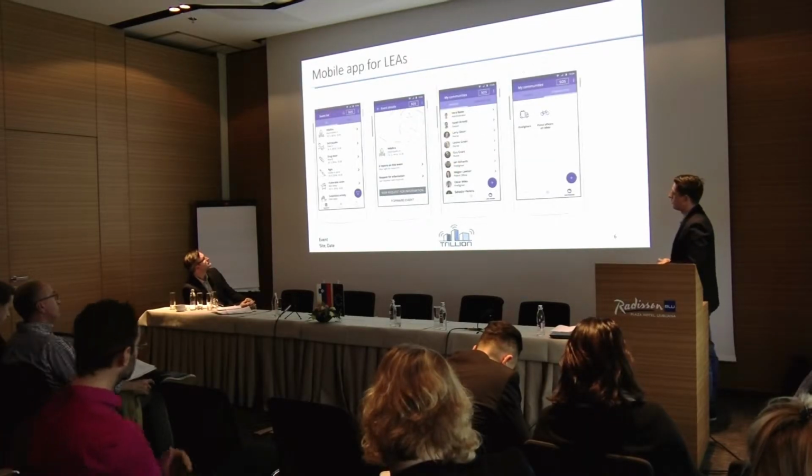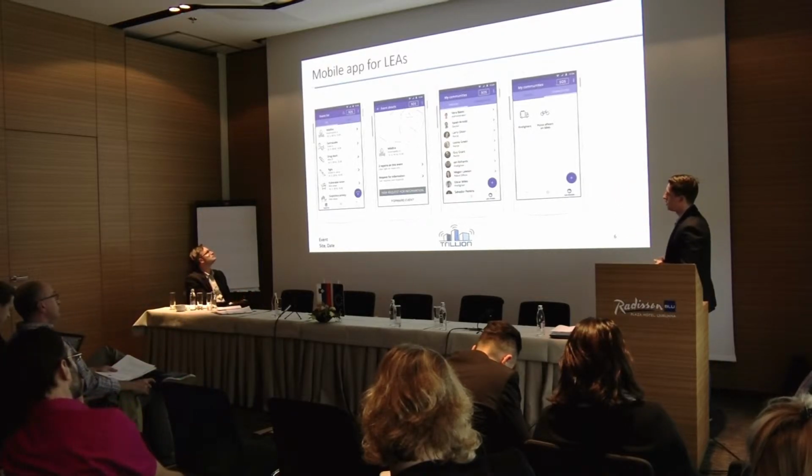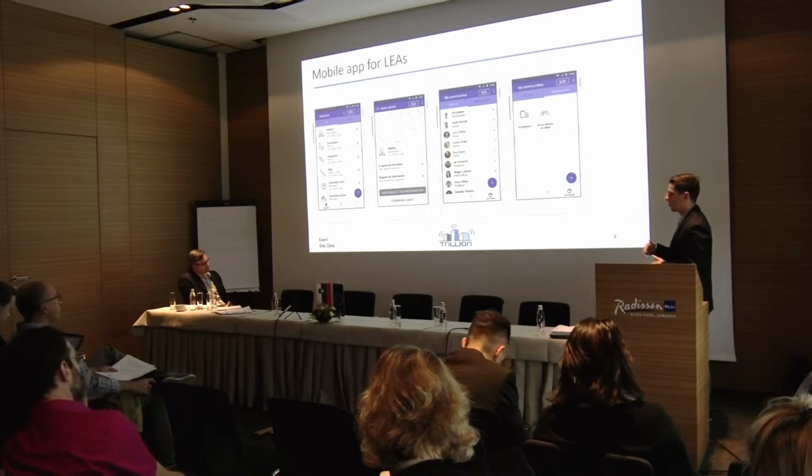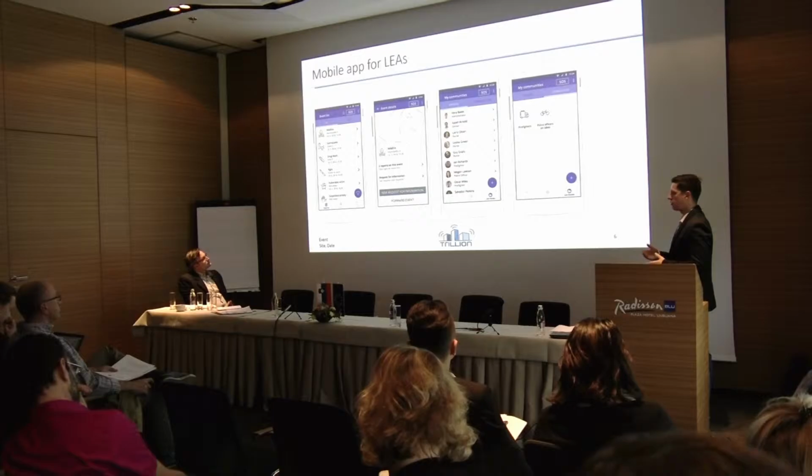and this is the mobile application for law enforcement agencies on the field. On the first screen we see the control room, where the law enforcement agency creates the event from all reports, and then law enforcement agents on the field can have an overview of events on their mobile phone.